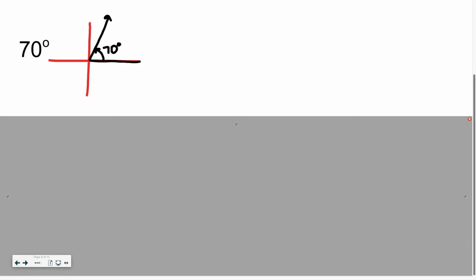So what's going to happen if we take 70 degrees and we rotate an extra 360 degrees, we're still in the same place, aren't we? Okay. So if we take our angle measurement and we add a rotation, we have a coterminal angle.